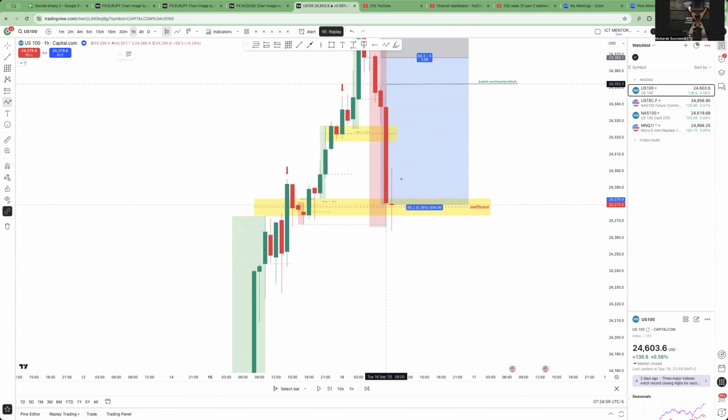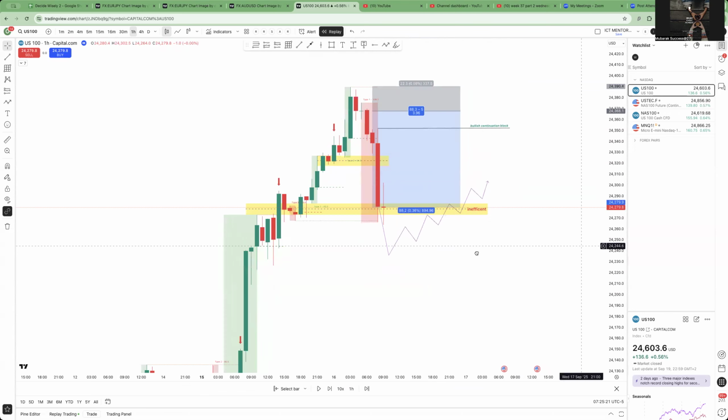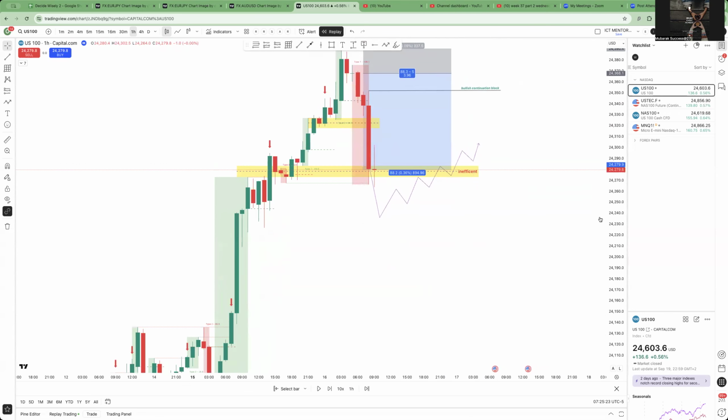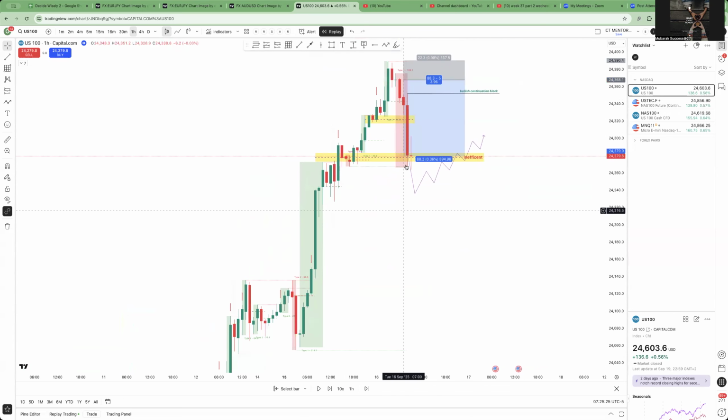I put it to you that in the future we would have an expansion. If this goes like this, we will create a bullish expansion that would be inside this inefficient price. Let's say I was shorting, I felt this was the top.